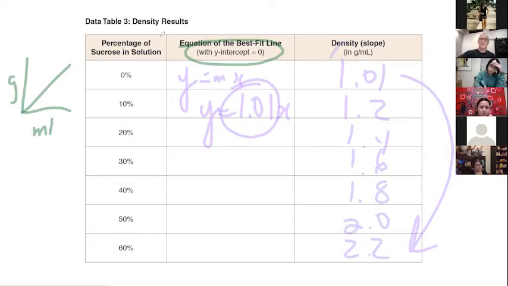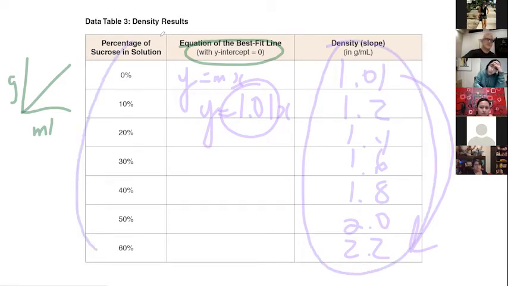What are we going to do with this information? The density versus the percent sucrose. What are we going to do with that? How do we use that information in the last exercise when we're actually trying to figure out what the percent sucrose is in our liquid? What do we do with that data?